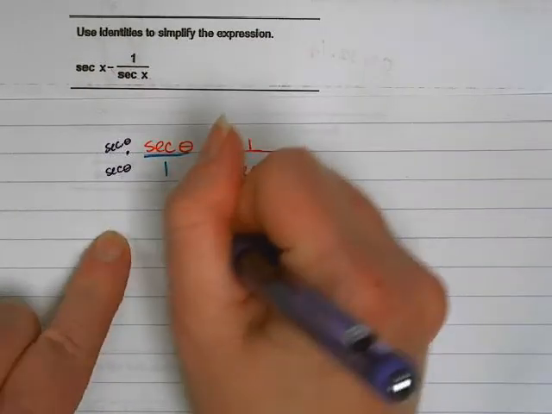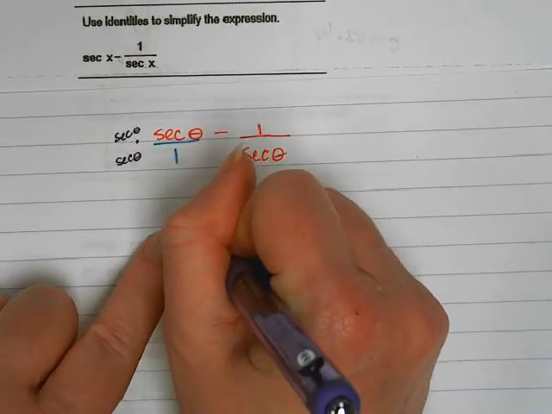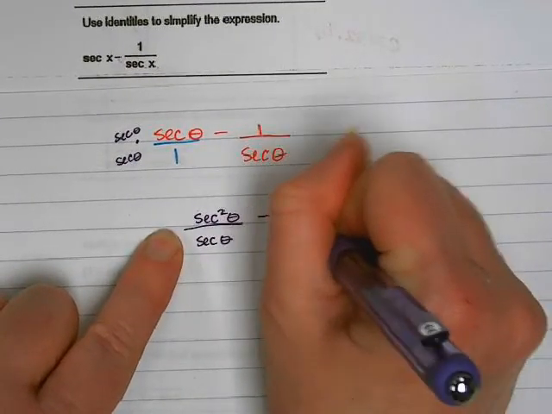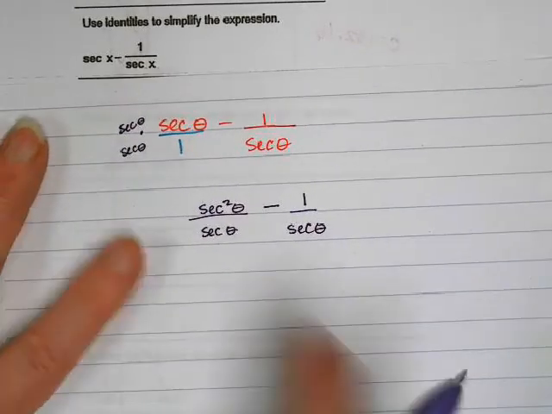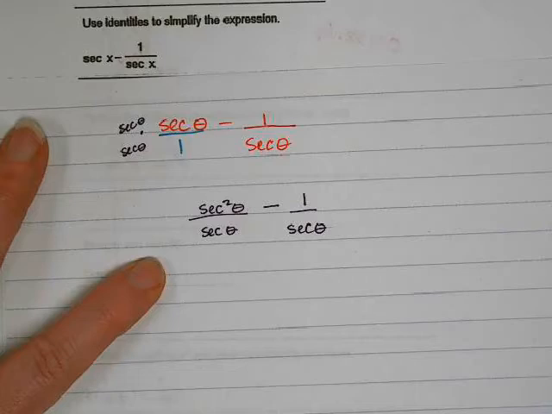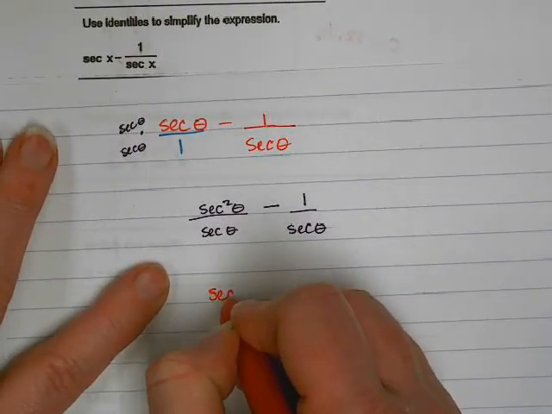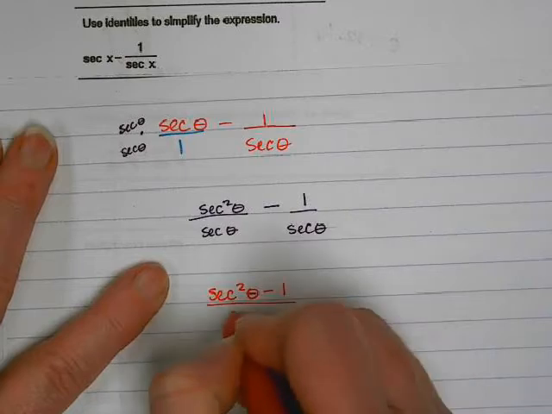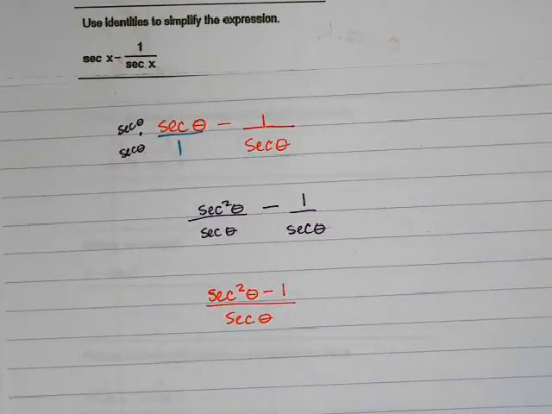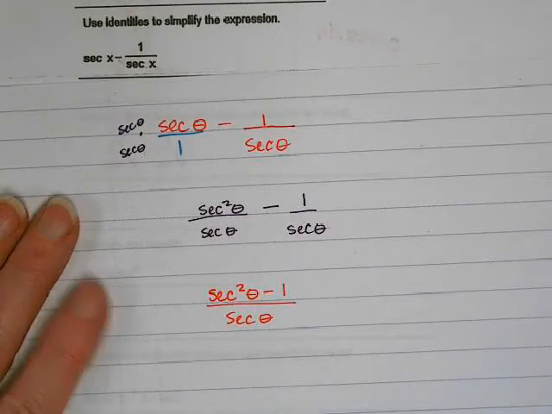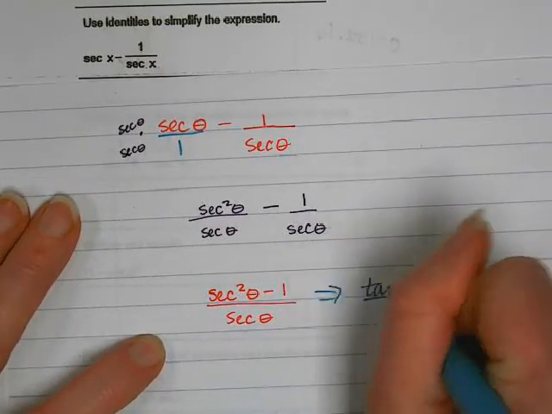Now I have secant squared theta on top over secant theta, minus 1 over secant theta. I did that so that I could subtract: secant squared theta minus 1 over secant theta. And secant squared theta minus 1, we just dealt with that, is tangent squared theta. So tangent squared theta over secant theta.